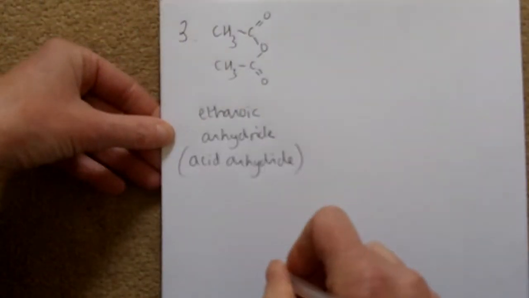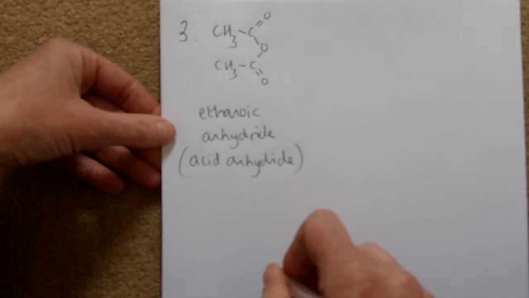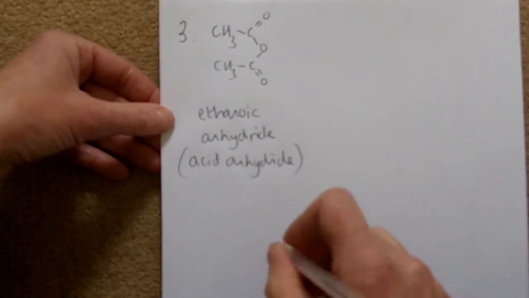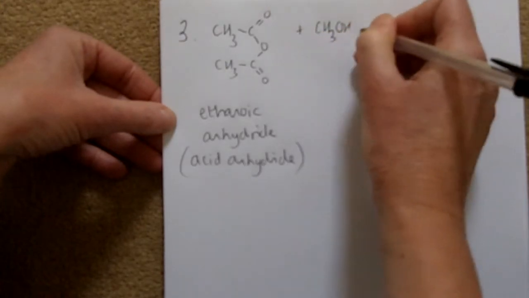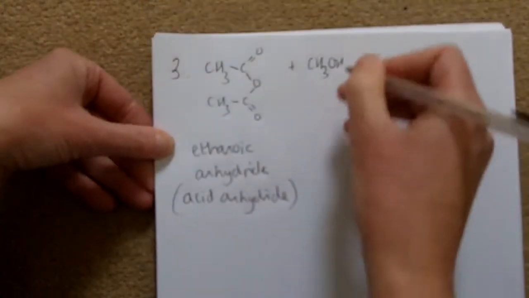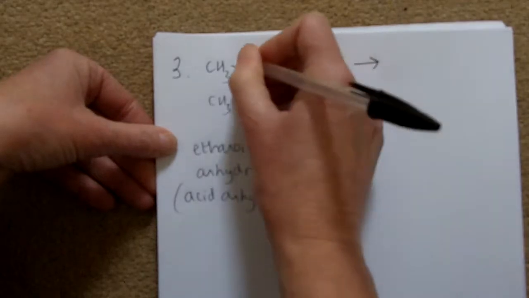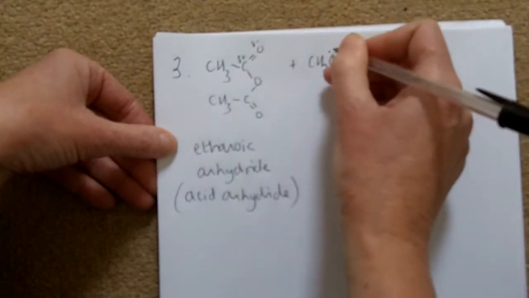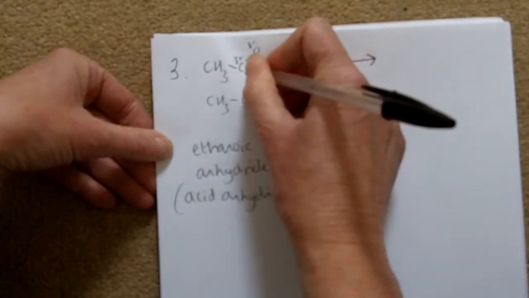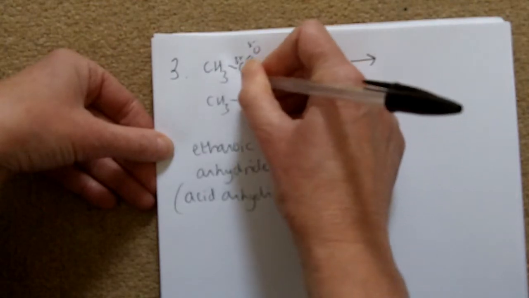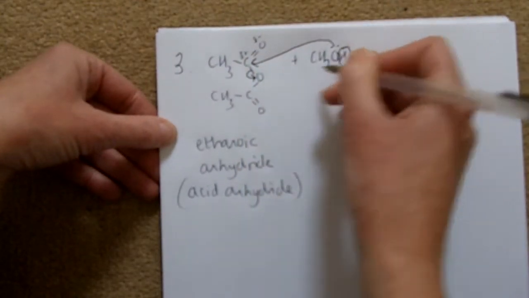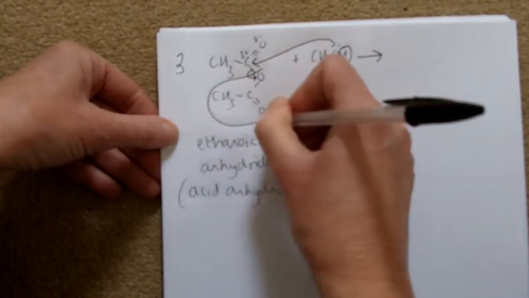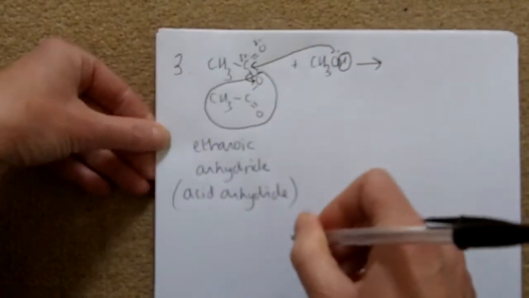Then, if you take the alcohol, just the same, again a similar idea is happening. You've got a lone pair that's going to come in and attack the carbon, and you have H and all of that item there as the leaving part.